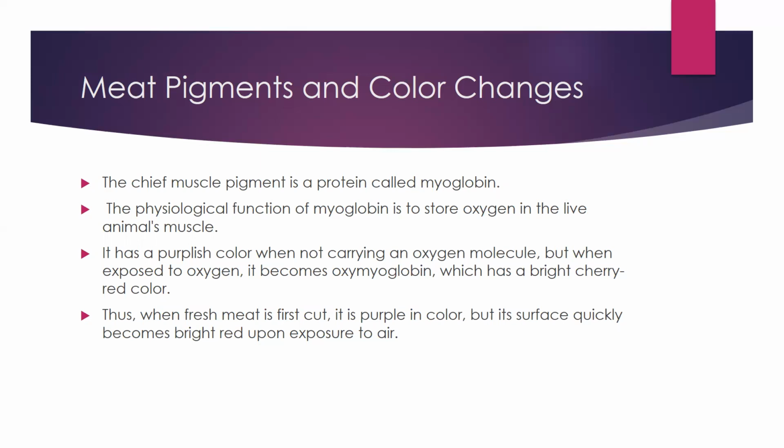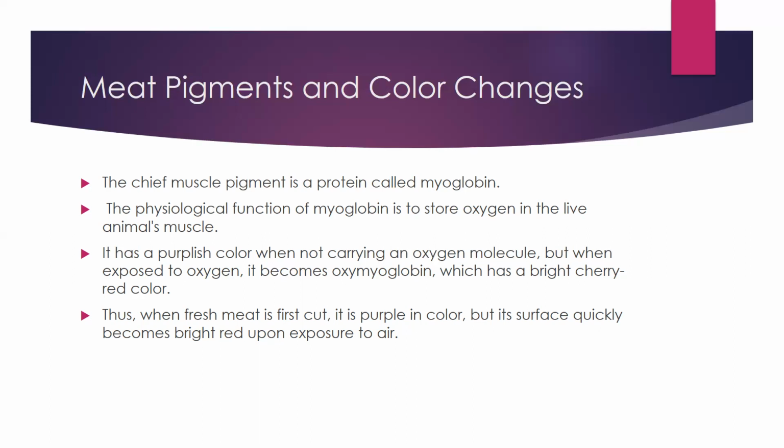The chief muscle pigment is a protein called myoglobin, and the physiological function of myoglobin is generally to store oxygen in the animal muscle. It initially has a purple color when it is not carrying oxygen, but when it is exposed to oxygen, it becomes oxymyoglobin, which has a bright cherry red color. So initially there is a protein called myoglobin. Its main purpose is to store oxygen.